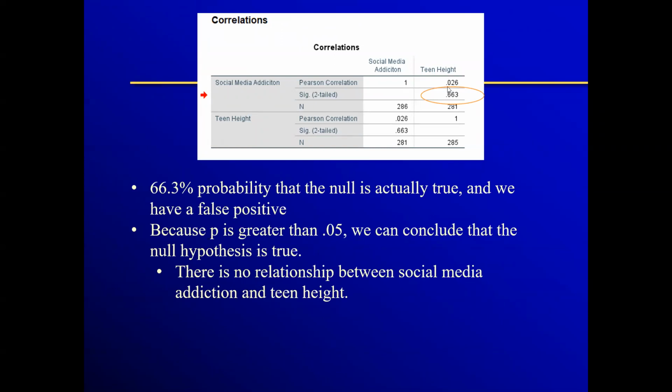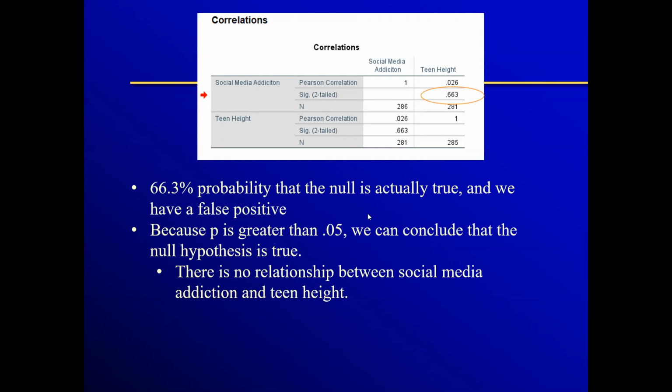We need to be 95% sure or more. So there's a 66.3% probability that the null is actually true and we have a false positive. That's way too much for us as psych researchers. So that's the theory behind it, or applying this to the p-value definition.